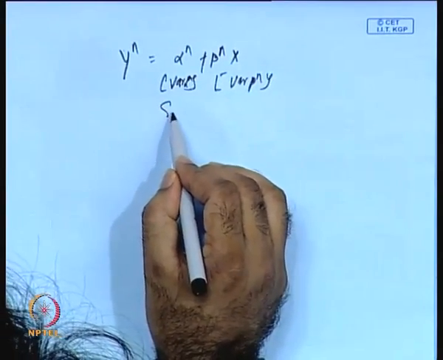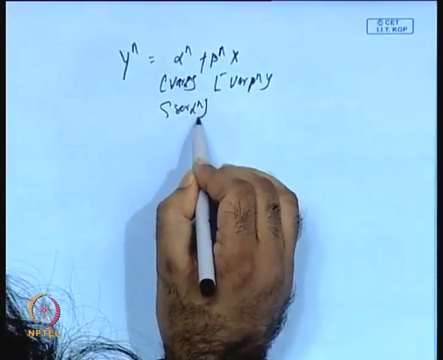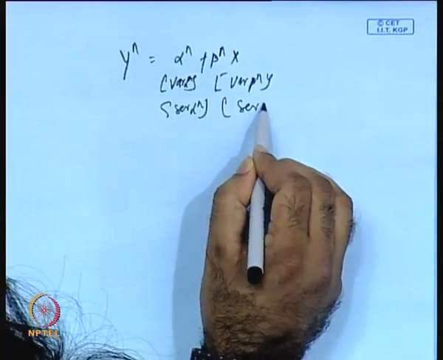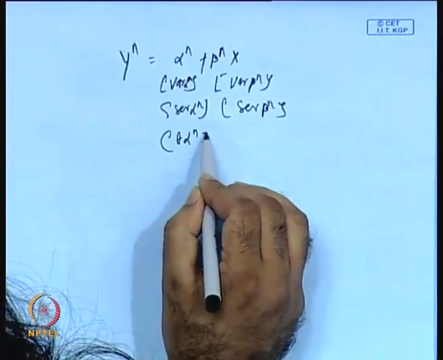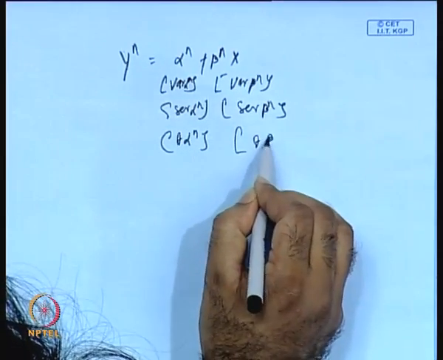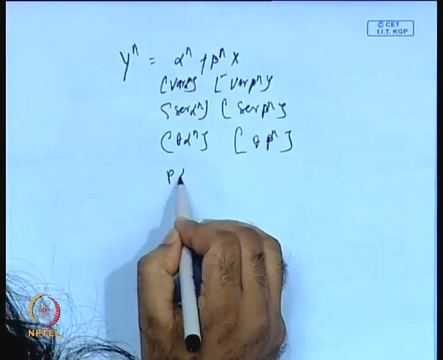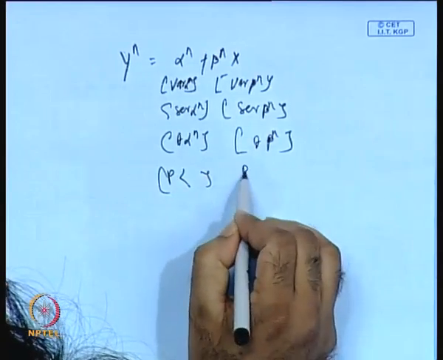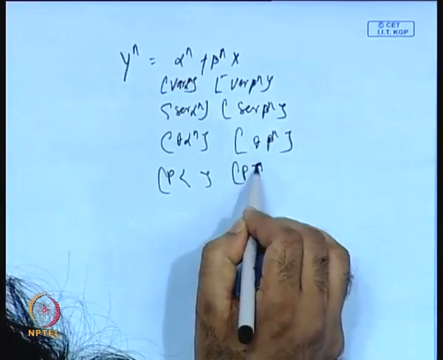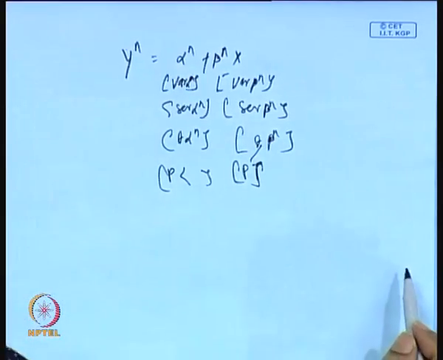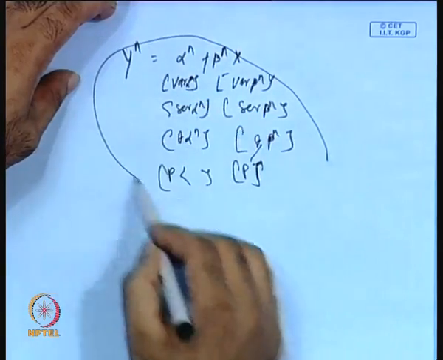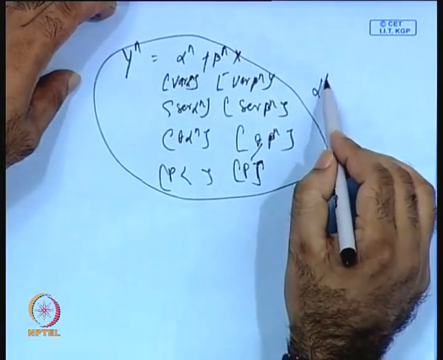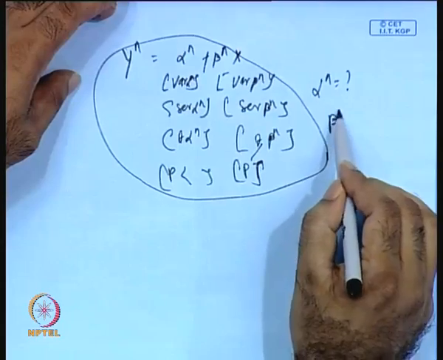Then standard error of alpha hat, standard error of beta hat, and t of alpha hat and t of beta hat. And the probability level of significance, for alpha and for beta.